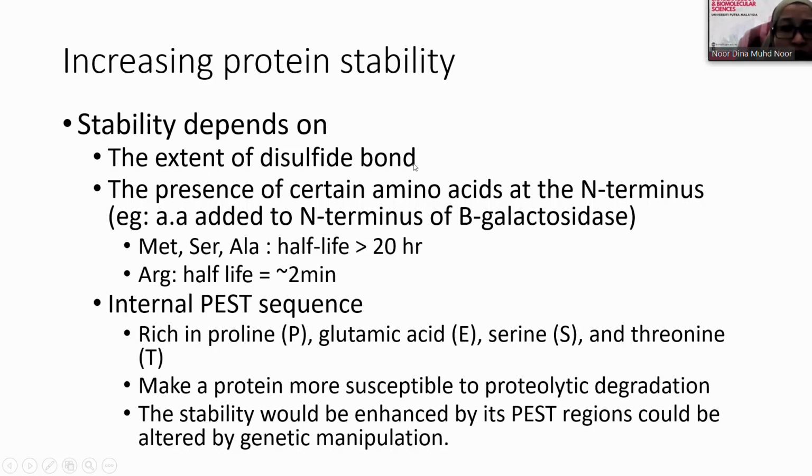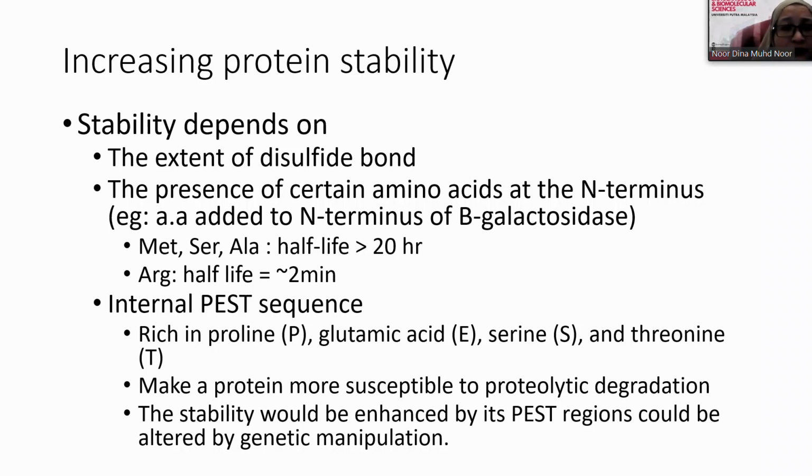The more disulfide bonds in a certain protein, the more stable it is, meaning they are going to have a longer half-life at a higher temperature. Because of the disulfide bond, these proteins are highly thermostable.